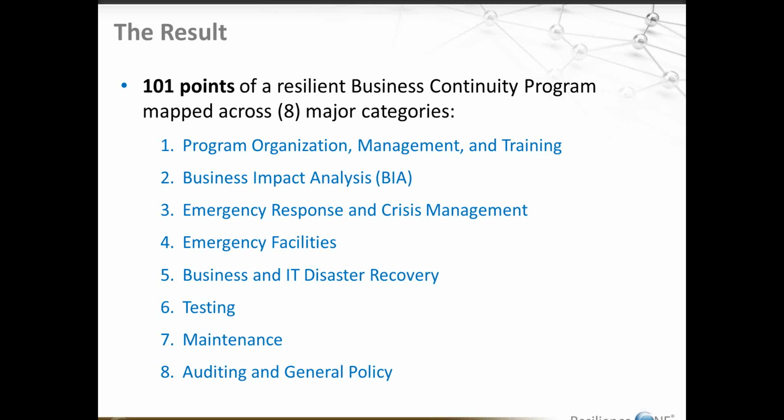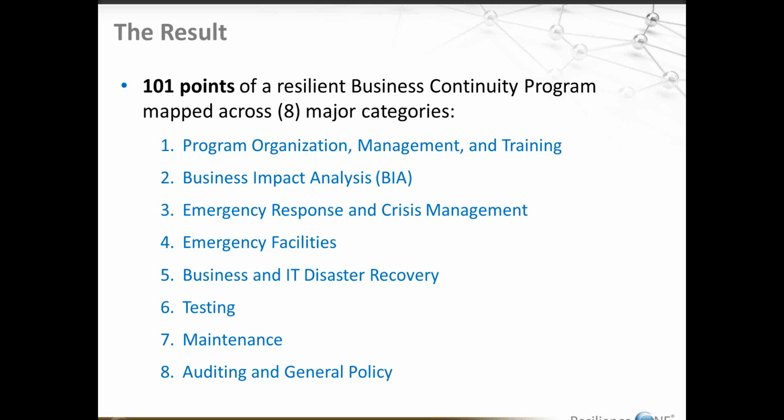By program organization, you could say things like the budget, the content you're putting in your plans, your assumptions, your scope, all of your different teams, and staffing them. The training part was keeping track of who was getting training on the business continuity program, all of the education around it, and the dissemination of information about the program to your executives and all of the people building your plans and participating in the program. So that was the first part.